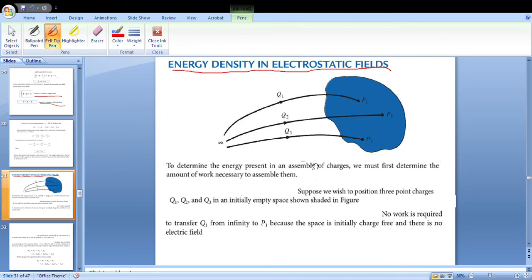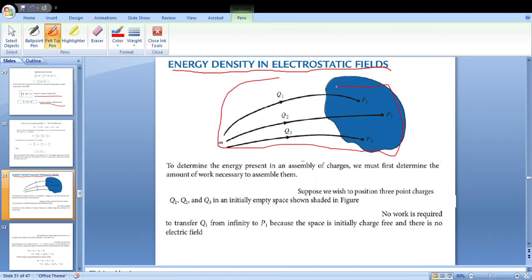So these three things we have discussed now. So we'll solve some problems based on this in the next class because we are running out of time. Only 9 minutes left for an hour. So then we'll start with energy in electrostatic field and energy density in the next class. That is energy density in electrostatic fields we'll discuss in the next class, right?